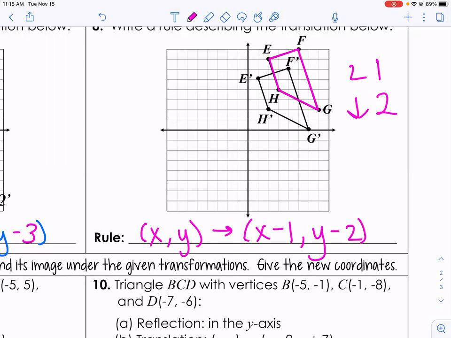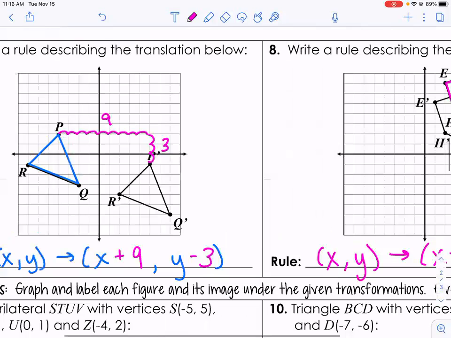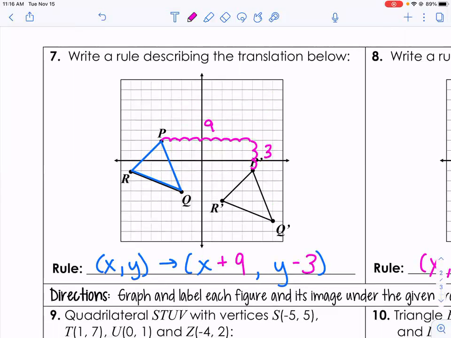Okay, so let me tell you what I want you to do for your homework. Turn the page. Yep, because we're going left. Doesn't matter. If we're going right, it needs to be plus. Okay, on page 6, this is what I want you to do. Circle number 1. Circle number 3. Circle number 5.